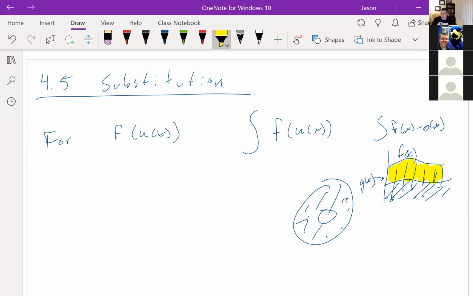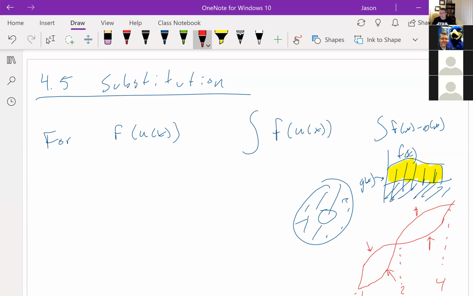Between two points, because they may change. You know in an interval, say between -1 and 2, this one's below and this one's above, but from 2 to 4 the reverse is true. So just know that the one on the top comes first and the one on the bottom comes second.